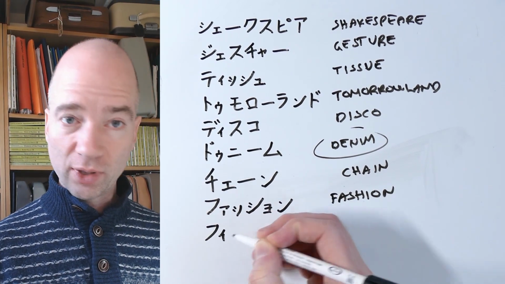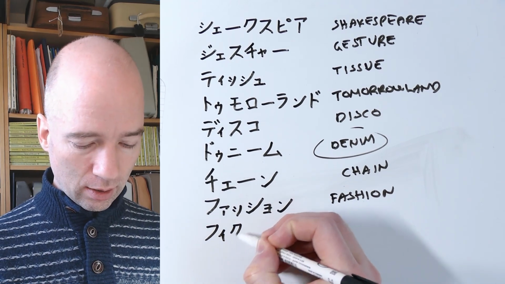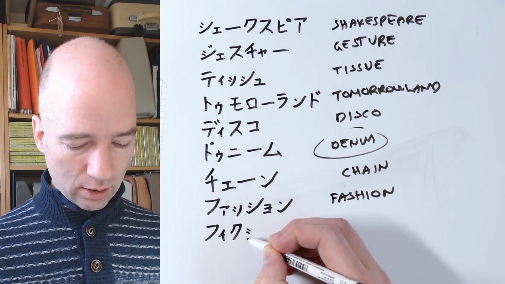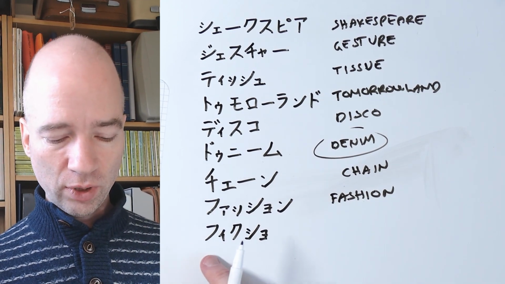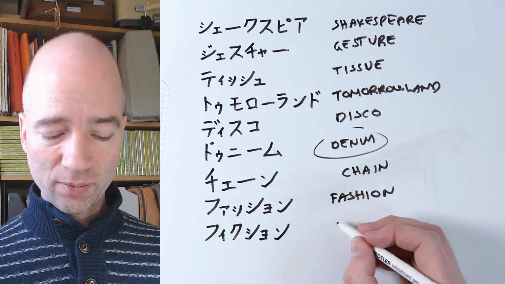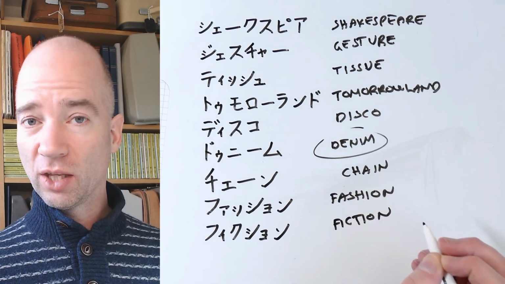Fu plus small e becomes fi. Ku, and another shi plus a small yo becomes fikusho, and N at the end again, fiction, and that is fiction.